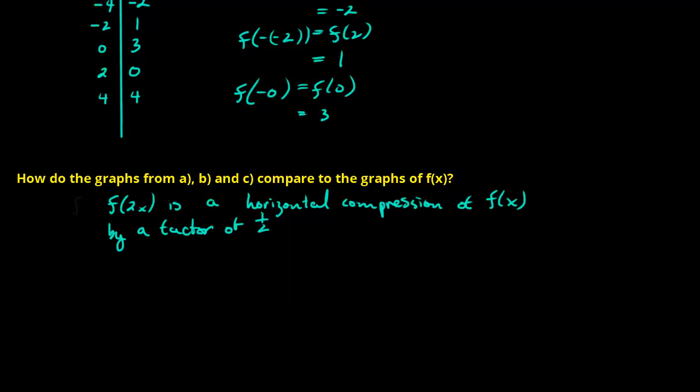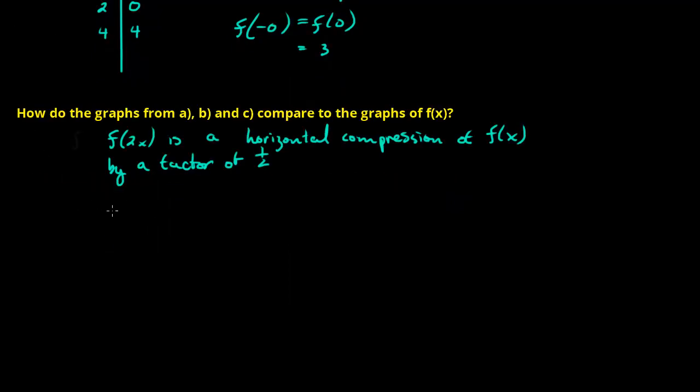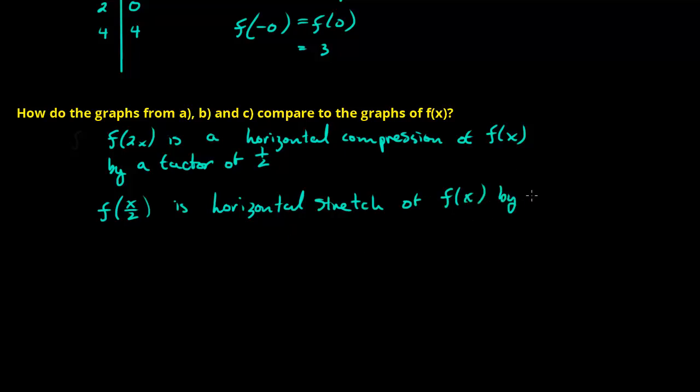Next, let's summarize what we found about f of x over 2. We found that its graph is a horizontal stretch of f of x by a factor of 2.